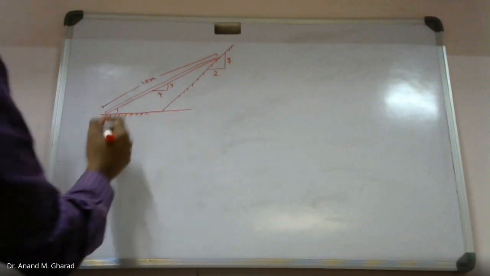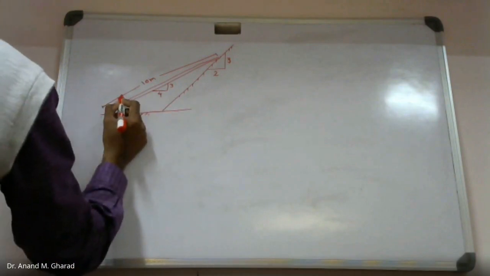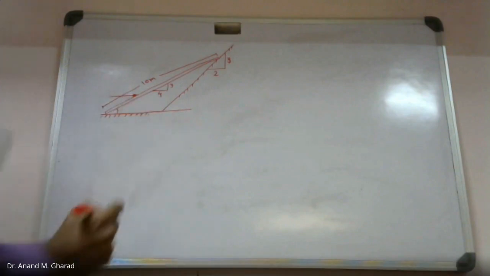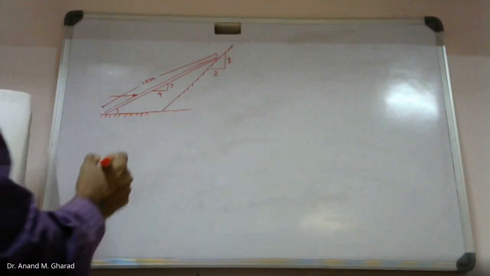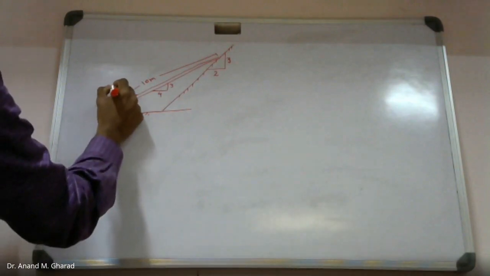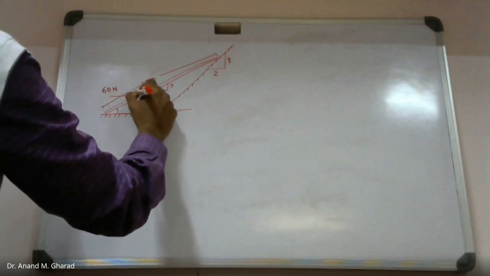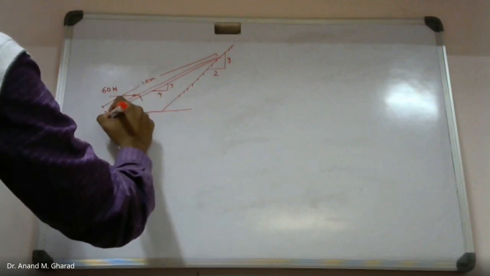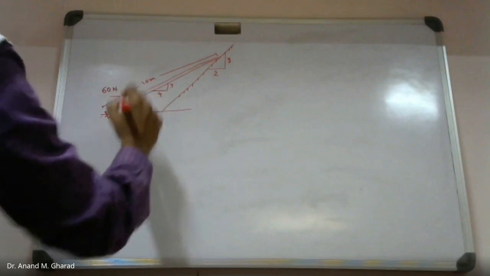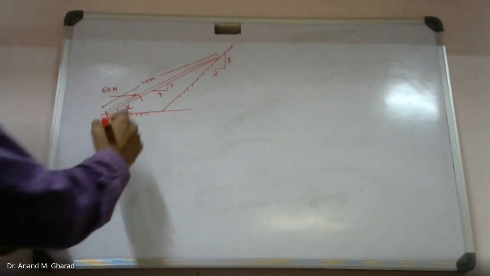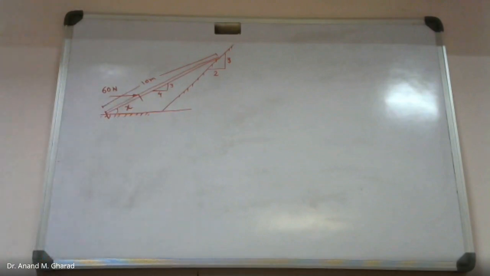One more thing which is given is there is one force which is acting over here. This force magnitude is 60 Newton. You are supposed to identify this distance, this much, x distance. Okay, so the problem statement, find the distance x. Find this distance x.